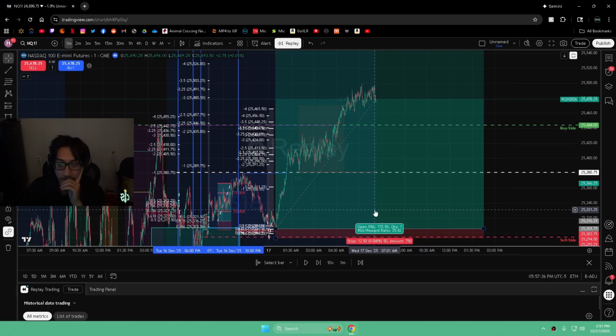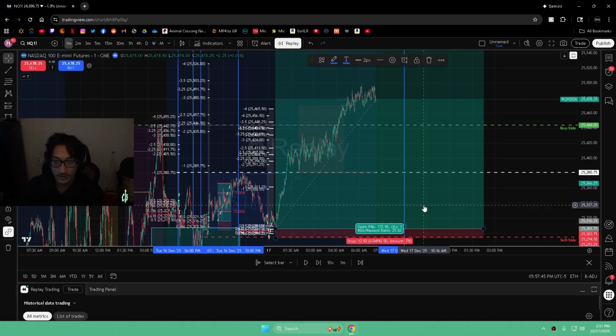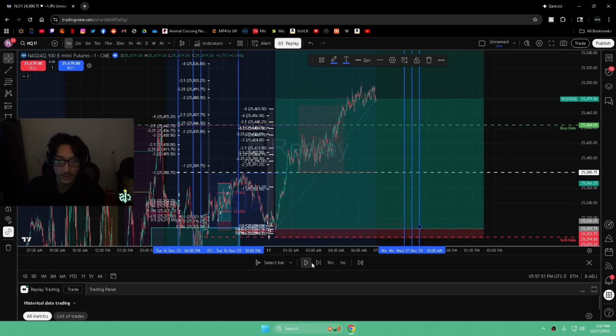And then we have market open at 9. Okay, here's the actual zones you want to mark out right here. 9 o'clock, 9:30, and then 10 o'clock. Alright, let's play it.